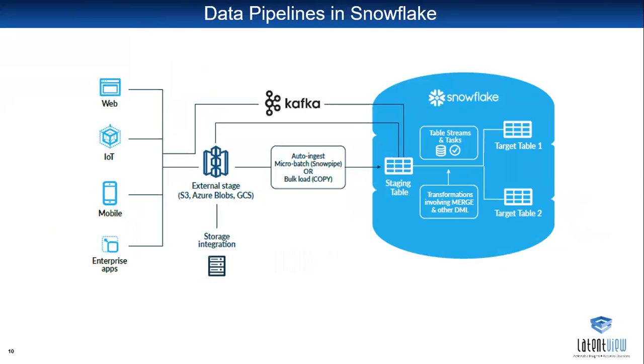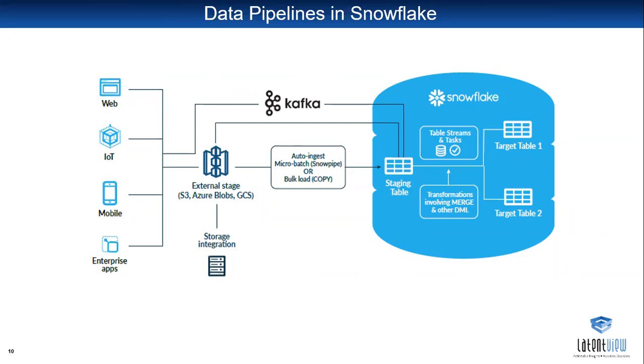And now let me talk about the data pipeline in Snowflake. This is a bit of an explanatory view of what we saw earlier. We have different sources: IoT, mobile, enterprise apps, or OLTP databases, whatever.